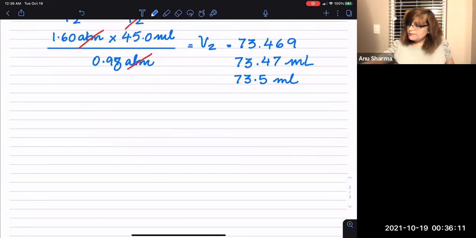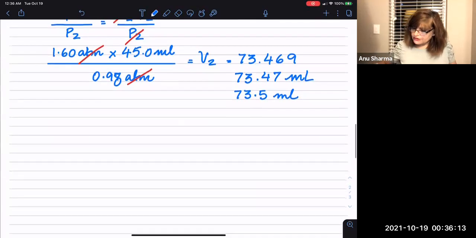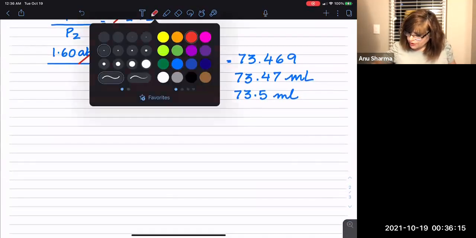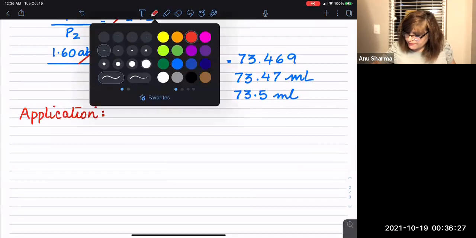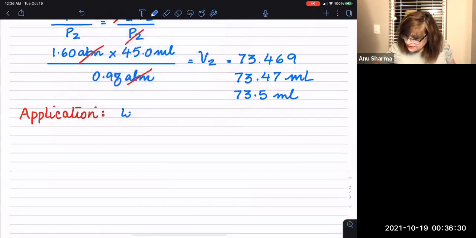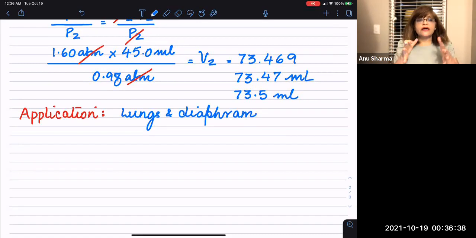Now, the main use of Boyle's Law, the applications of Boyle's Law, is in your own lungs and the diaphragm. Now, the diaphragm pushes on the lungs.